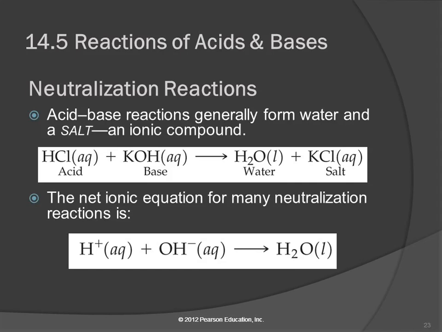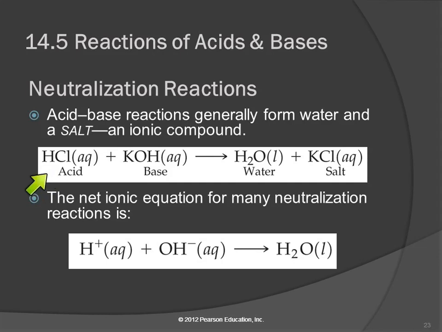So acids and bases undergo neutralization reactions, and we've talked about these before. They are a subgroup of double replacement reactions, and the products are generally water and salt. Remember that when a chemist says salt, they mean an ionic compound, not necessarily table salt. So this reaction is an example.